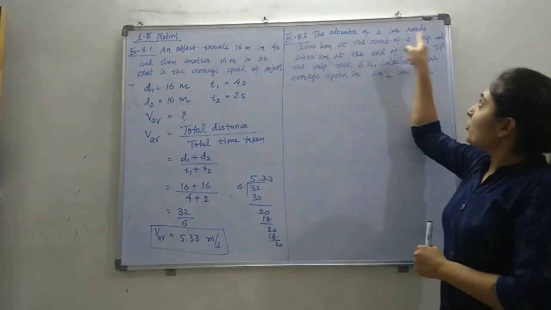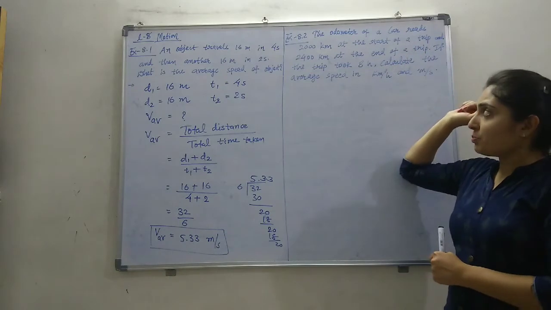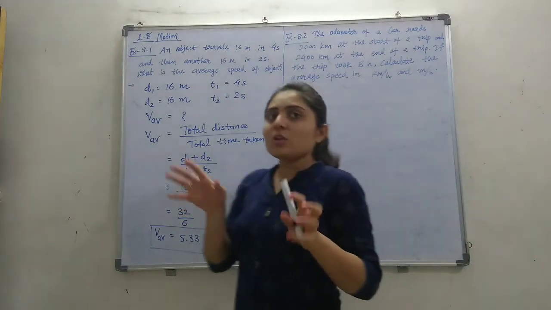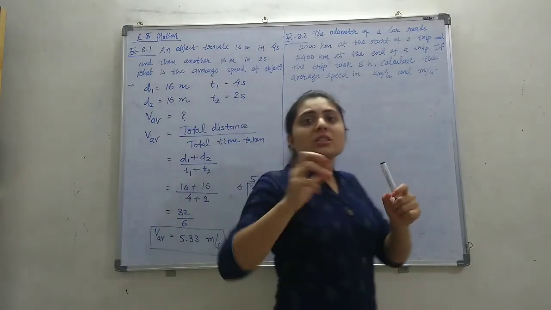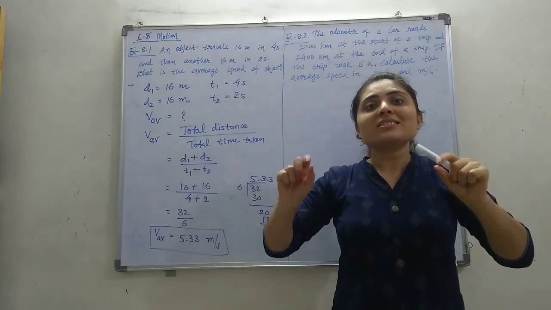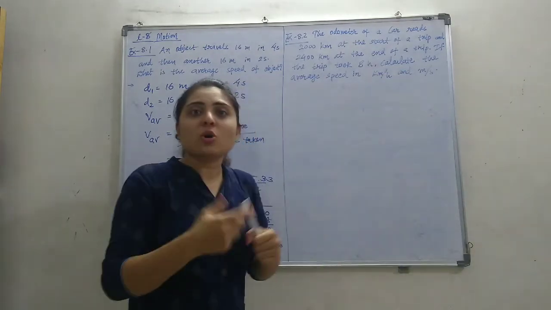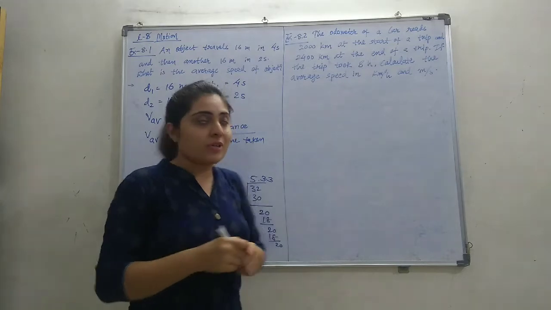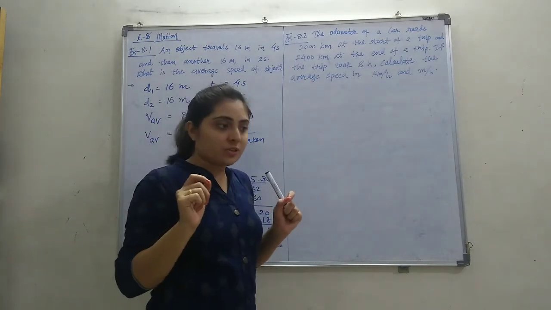The odometer of a car reads 2000 km at the start of the trip.